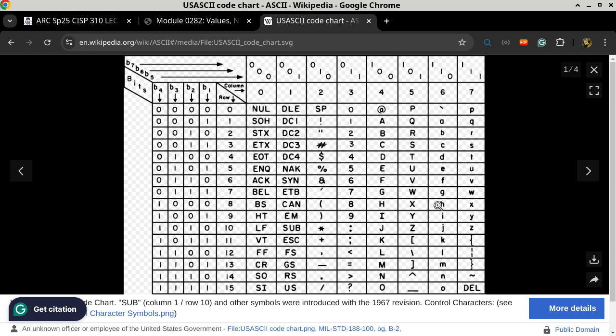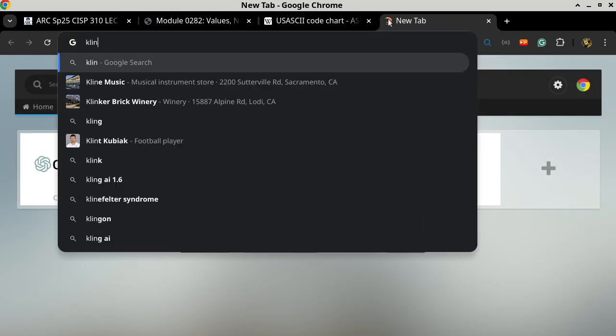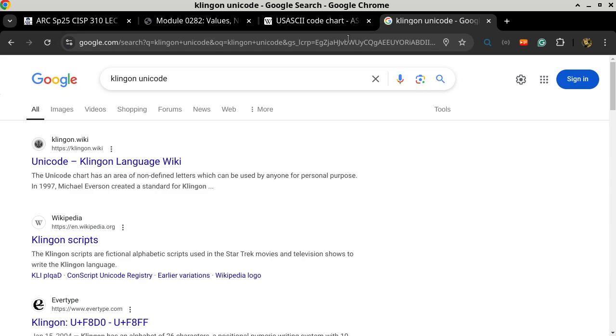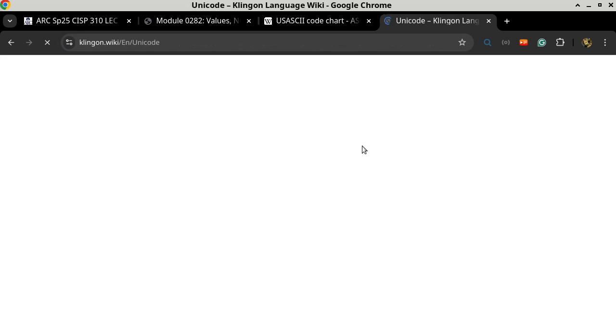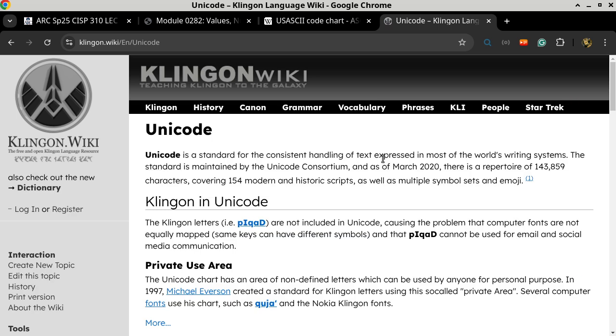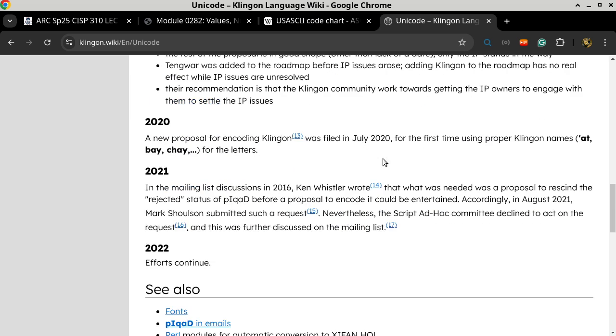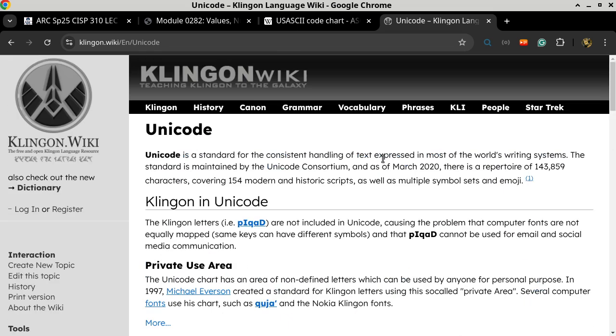Yes, I know you guys will go like, what are you talking about? If you can look it up, Klingon Unicode. I'm not a real Trekkie. I just know enough to point out these little things. So Unicode covers 154 modern and historic scripts as well as multiple symbol sets and emoji.